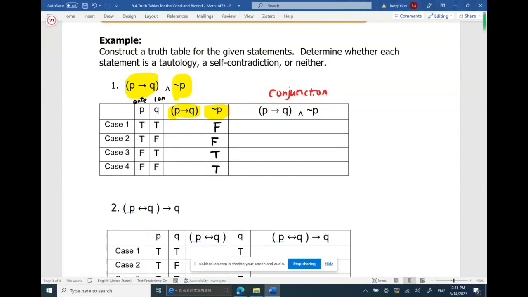For a conditional to be false, the antecedent has to be true and the consequent has to be false. Okay, so do we see trusted friends forever? In the second case, trusted friends forever, right? In all other cases, temporary, temporary, temporary.